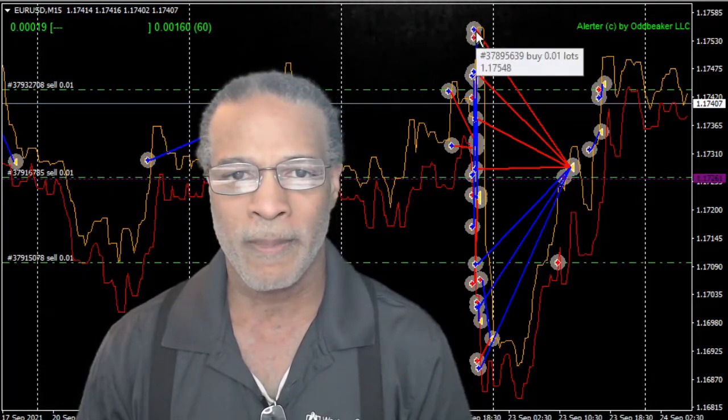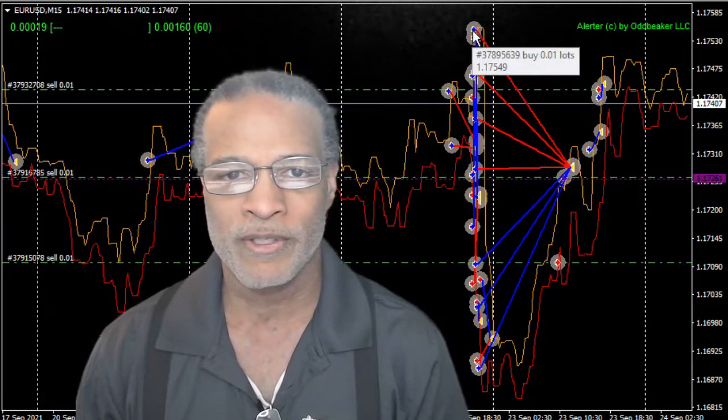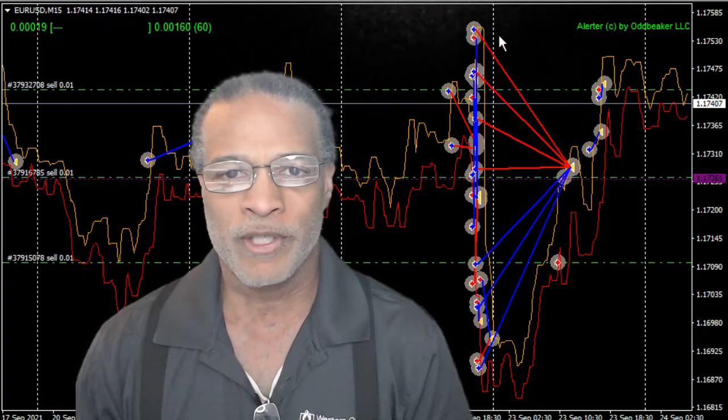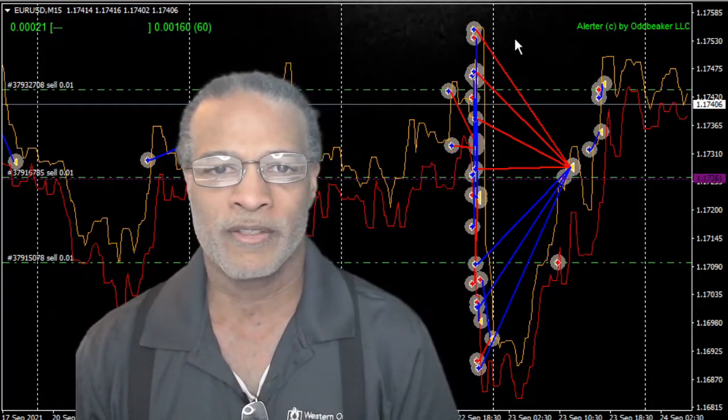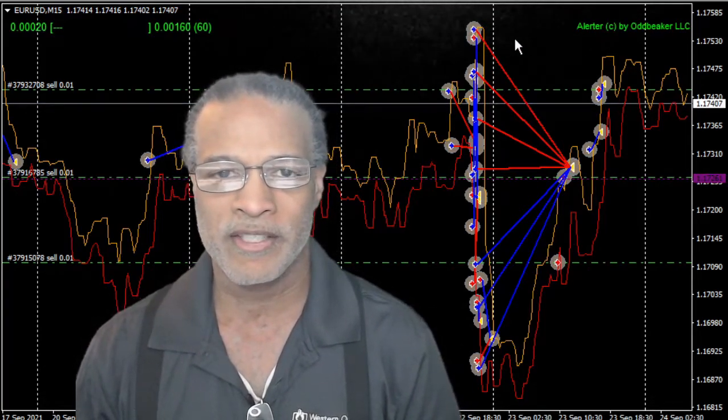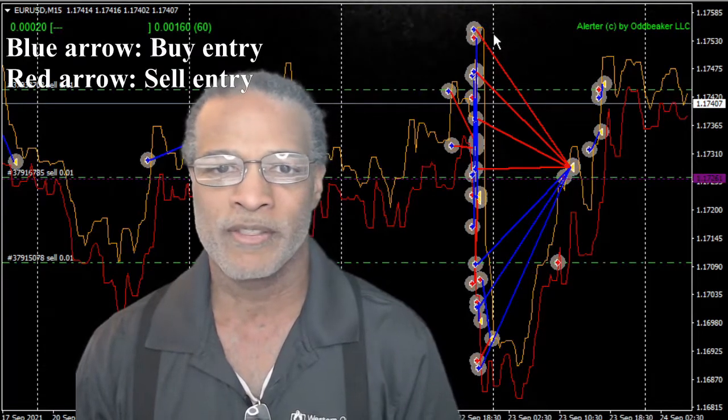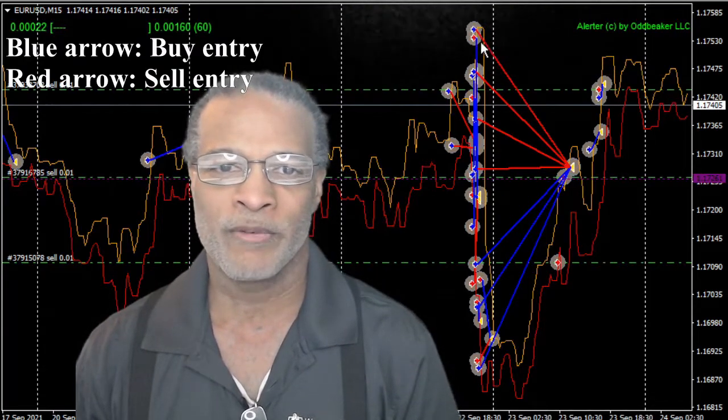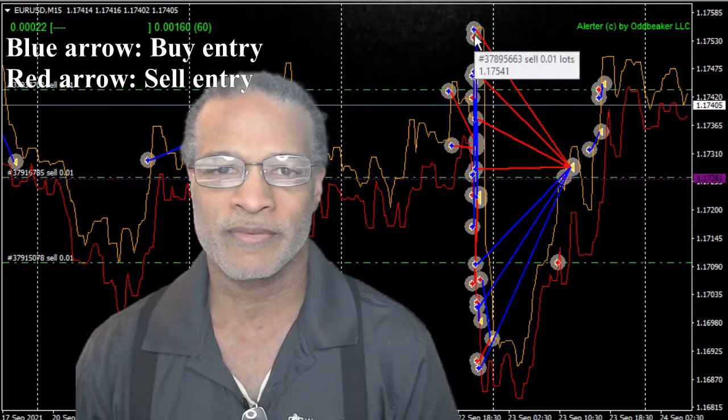So now, let's get back to this. Over here, I have a blue arrow. I have red arrows, but let's focus on the blue arrows. The blue and red arrows basically mean those are entry prices and times. Blue means buy and red means sell.